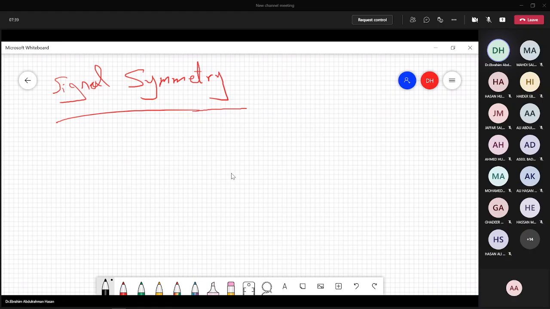We say that if x of minus t equals x of t for all t, then we call this signal an even signal.